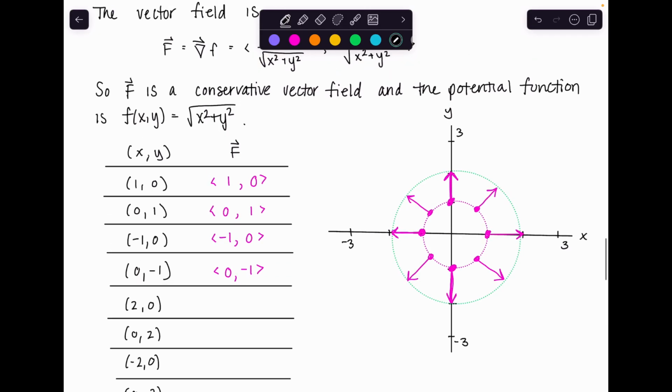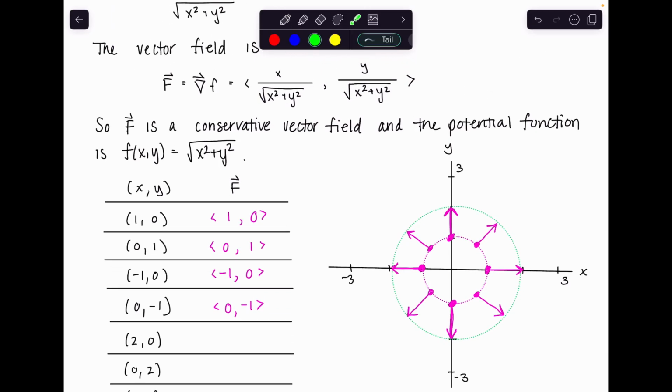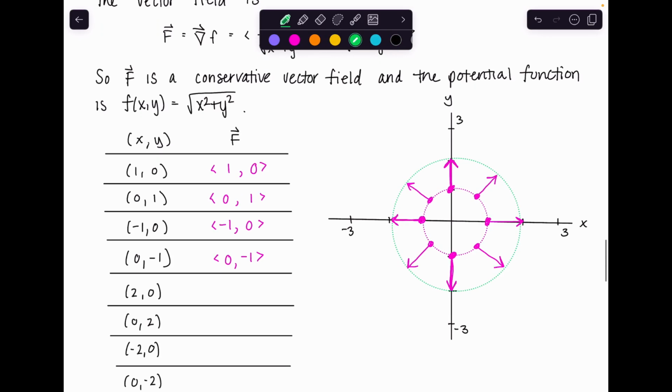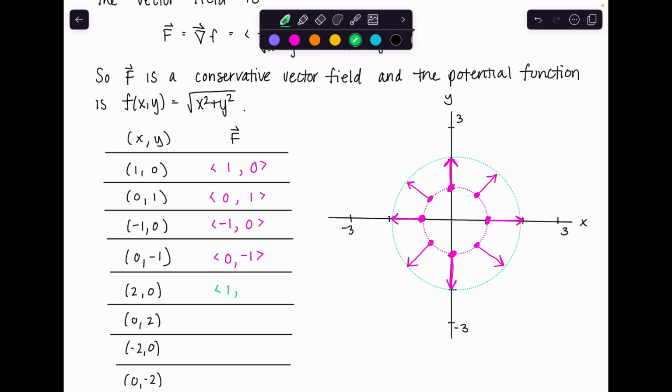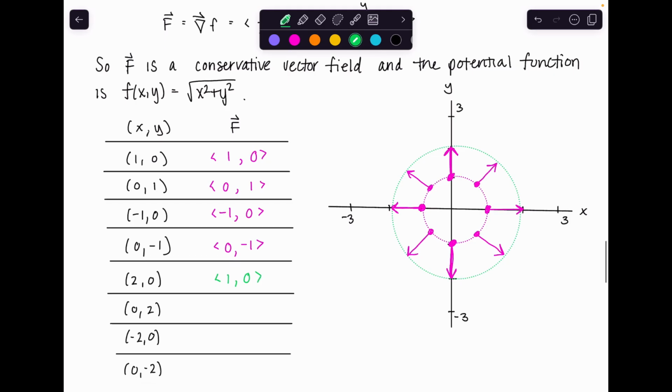I'll just go through that first one because the rest again follow in the same manner. Here you'd plug in 2, and then you'd plug in 2 for this, so you'd get root 4 in the bottom. You get 2 over 2. You end up with a 1. And then you end up with nothing in the y direction.